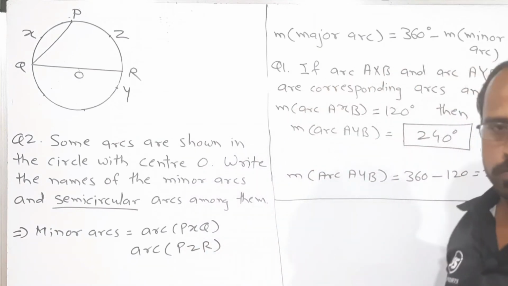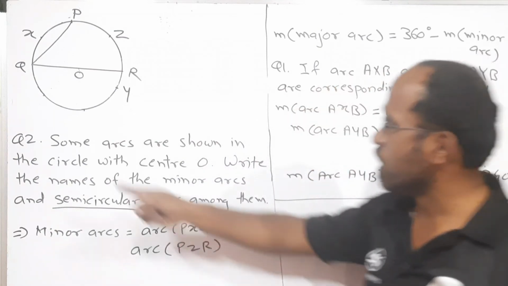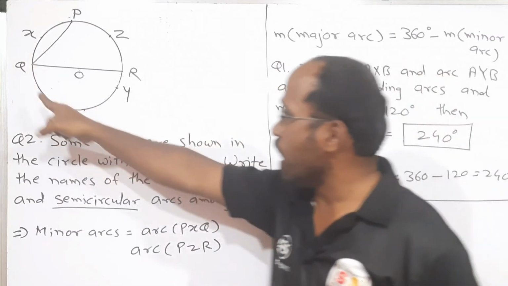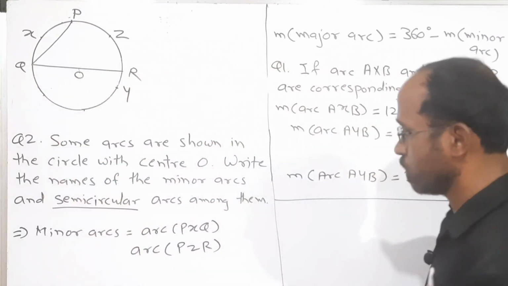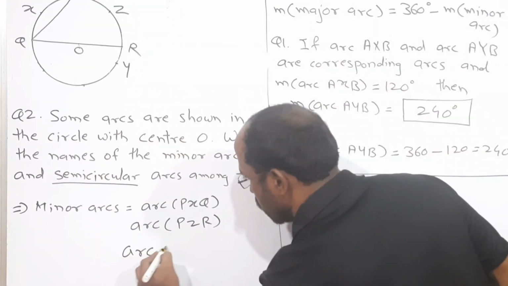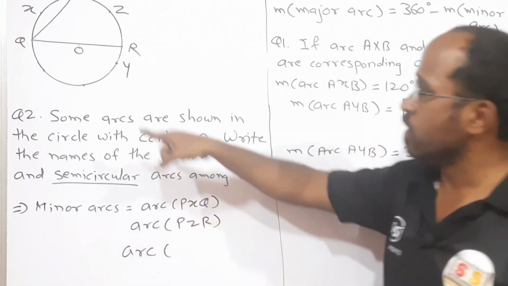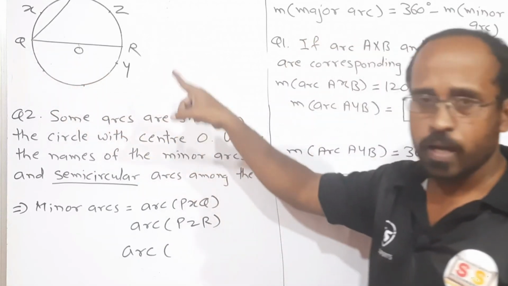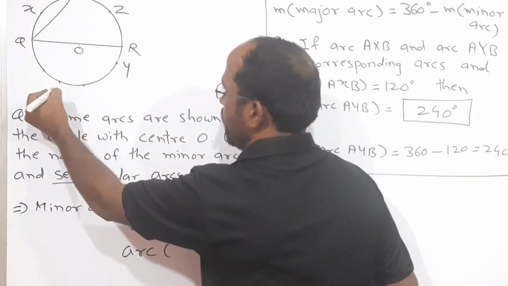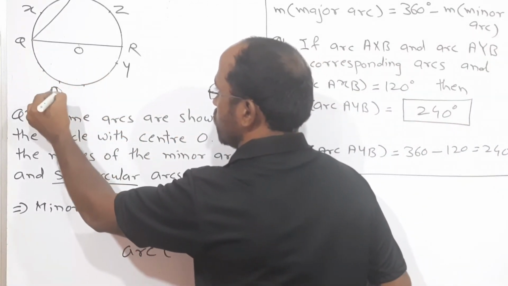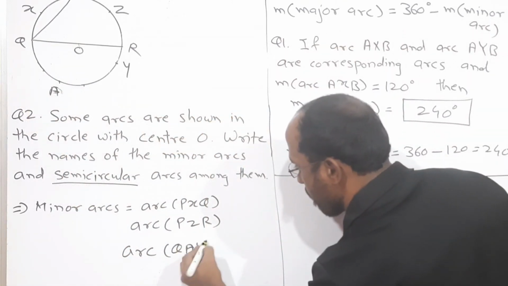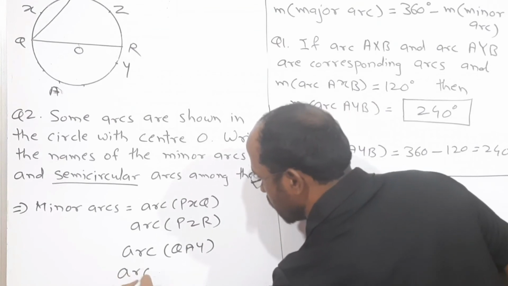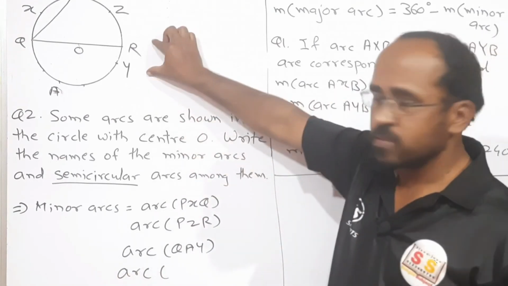Clear up to this? Now in this part of the circle, arc QY is also smaller than the semicircle. Instead of just saying QY, let's mention one point A. So that is nothing but arc QAY. Same is the case with this arc RY.